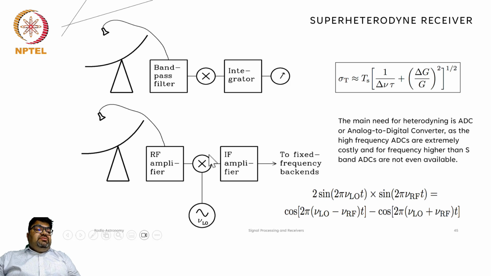However, for all of those, the back-end can be similar because of this down conversion. It comes down to the same baseband frequency, and some of the systems are the same for the different bands. That's one advantage. There are several others which we will mention in the next slide.